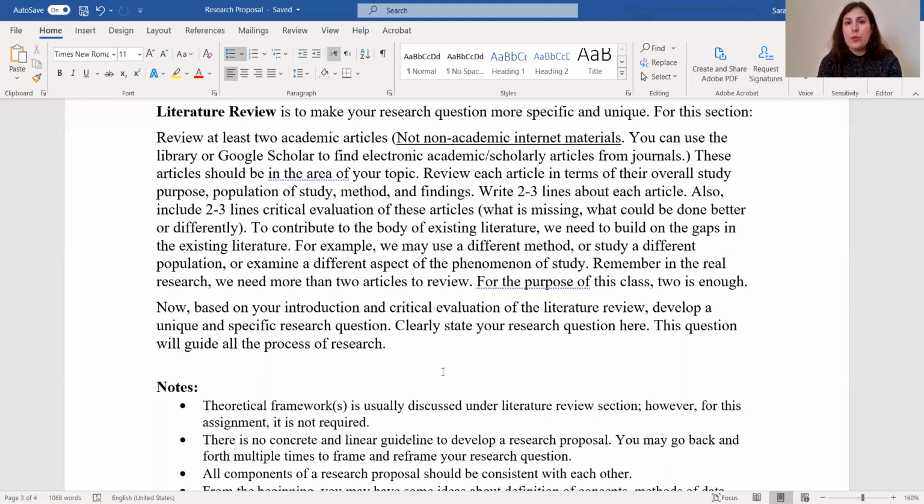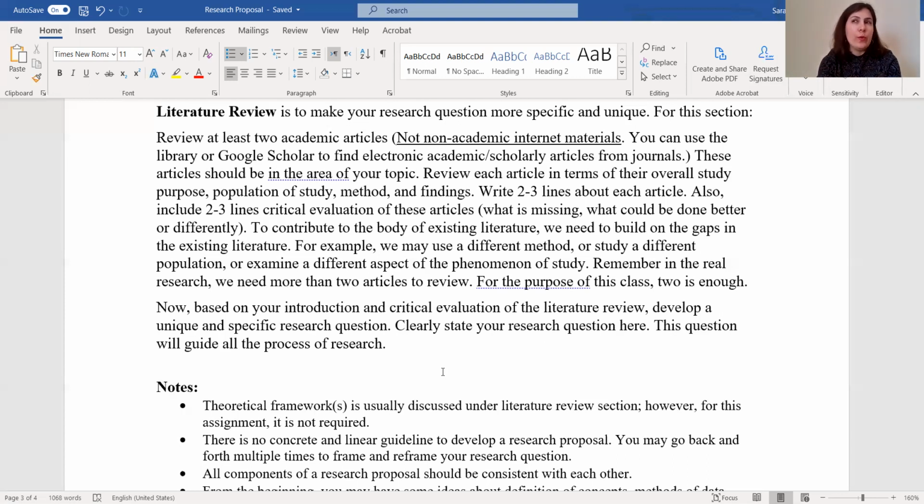And after this, you provide your critical evaluation of what you found in the research you reviewed, what is missing, or how you can do that research differently.